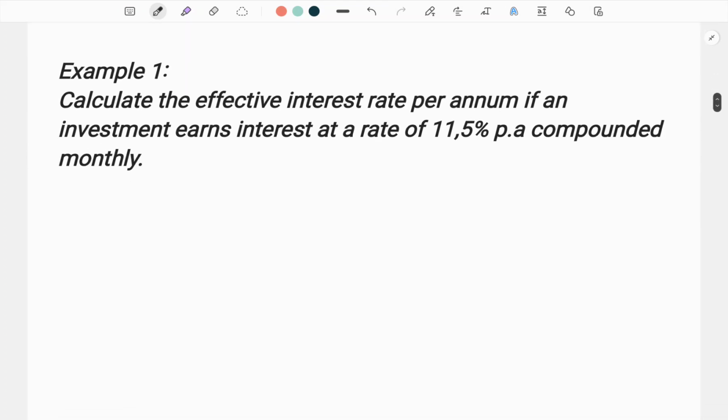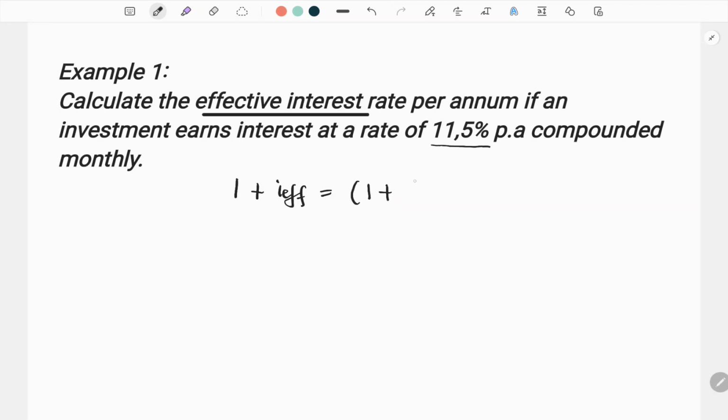Example number 1: calculate the effective interest rate per annum if an investment ends. If they want the effective interest rate, it means they have given you the nominal. So you're going to use which formula? Remember? 1 plus I effective equals 1 plus I nominal over m, to the exponent of m.